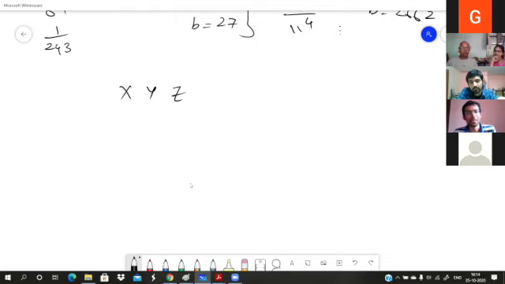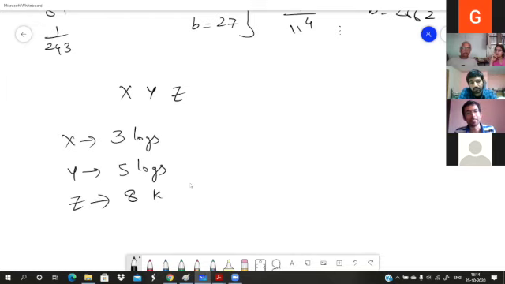So X gets 3 logs, Y gets 5 logs of wood. Now Z is not able to get any log of wood, but he does some calculation, sees what his share is, and pays 8 kopecks. Kopecks is the currency there. We can replace it with rupees or bronze coins or gold coins or whatever you want.